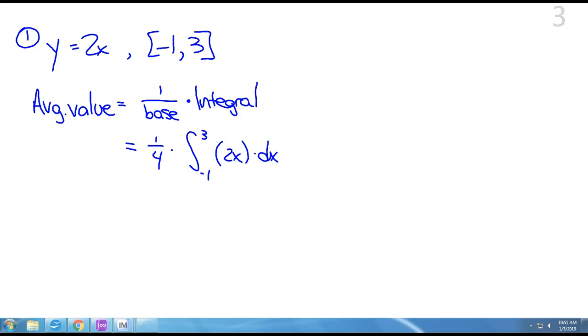These are typically not really difficult integrals. It's more that you understand the concept here. Let me give you a semi-reasonable integral to work with, to make sure you can show me you can use the concept. So what's the integral of 2x? x squared, from -1 to 3.